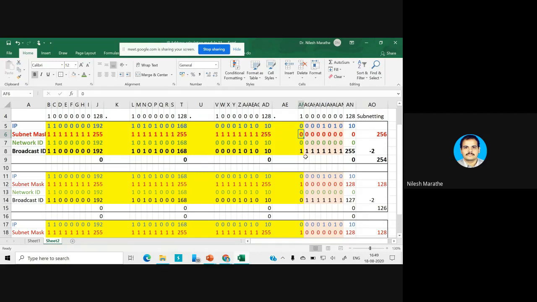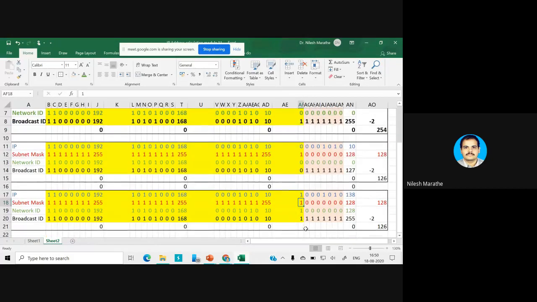बराबर है. So I have removed one bit from the host and made it 1 in the subnet mask. बराबर है? Yes or no? Yes, sir. So that becomes a 0 at that position, that is the first block, and 1 at that position, that will be the second block. बराबर है?